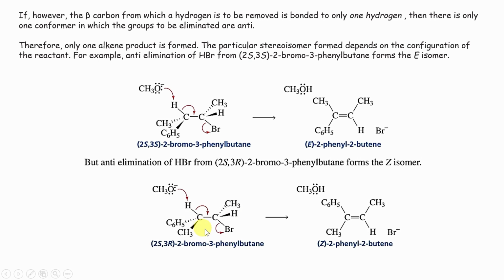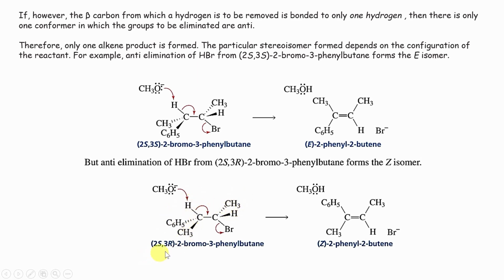Here you can see the phenyl group and the methyl group are on the same side in this isomer, whereas in this isomer the phenyl group and methyl group are trans to each other. In this conformation, the phenyl group and methyl group are trans to each other, whereas in this isomer they are cis to each other.